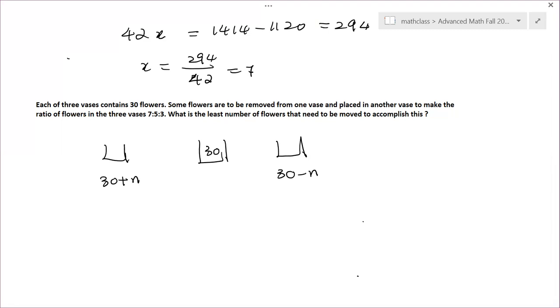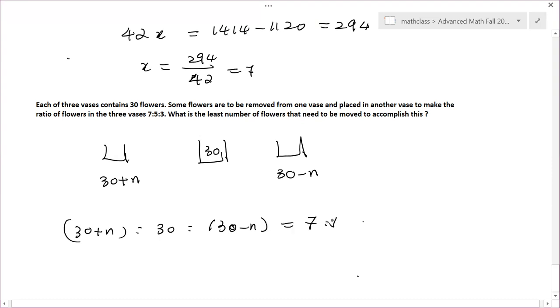Sometimes it does not work. In that case, you have to remove some in the middle. Sometimes it works, okay? It's going to be 7 to 5 to 3.